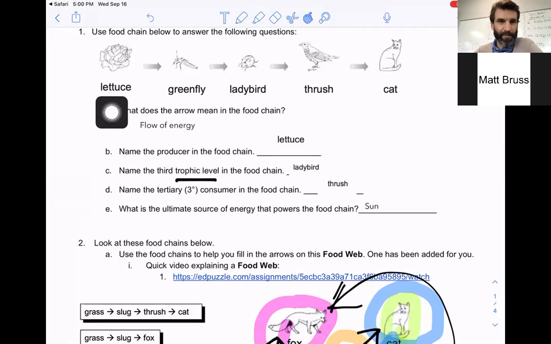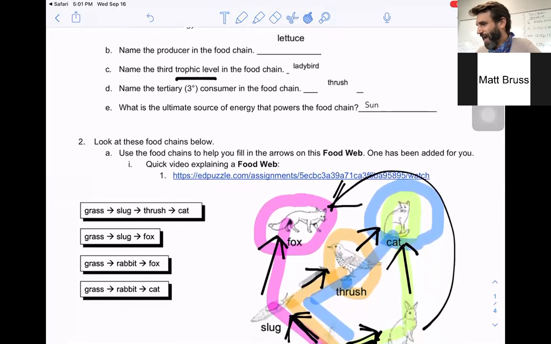So lettuce is a producer. Green fly is our primary consumer. Ladybird is our secondary consumer. And the thrush in this food chain would be our tertiary, our third consumer. So we added thrush there.